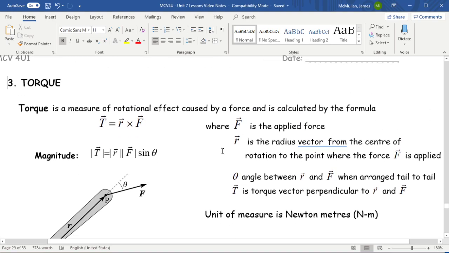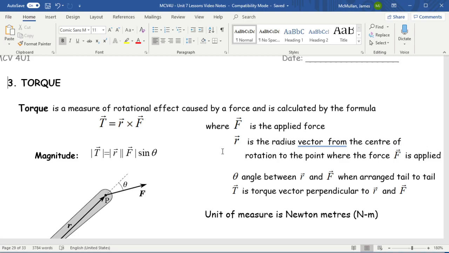Okay, now torque. Torque is new, probably. I'm going to treat it as though you know nothing about torque. Torque is the idea that when you are applying force to a rotating object, the effect of that force changes depending on where you apply it.